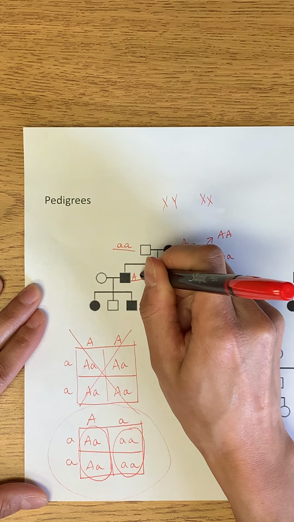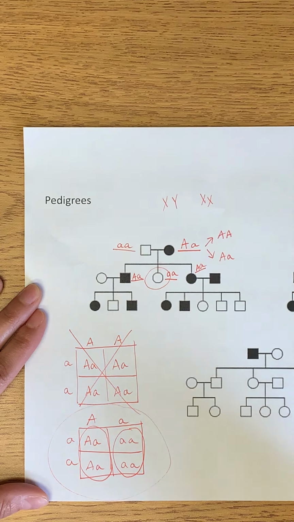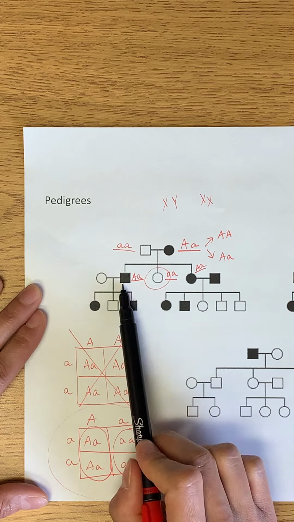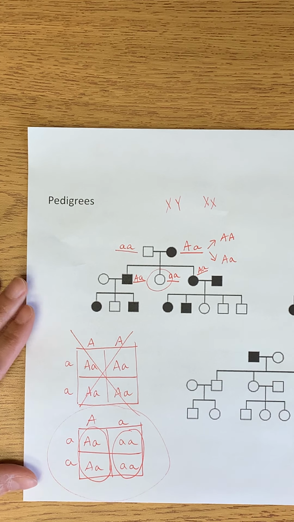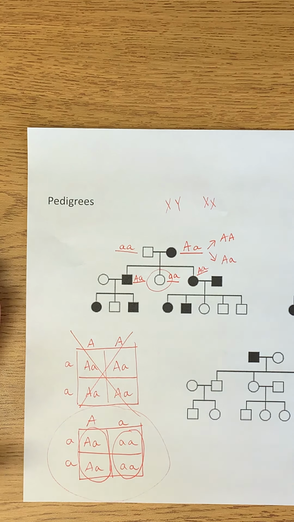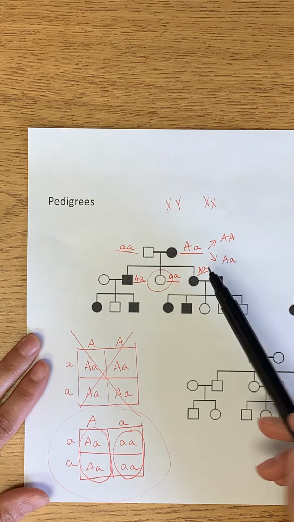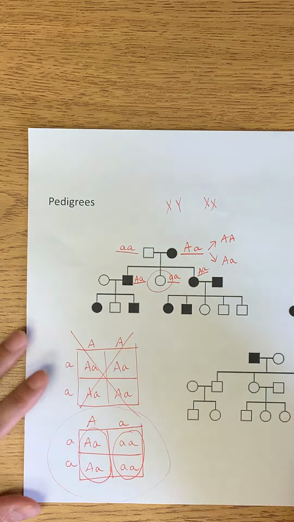So this one has to be big A, little a, and this daughter has to be big A, little a, just based on what mom and dad's alleles are. So we know what those genotypes have to be. Hopefully this is clear to everybody how we might go about figuring out mom's and dad's genotype and then that of their resulting kids. We won't go any farther in this case.